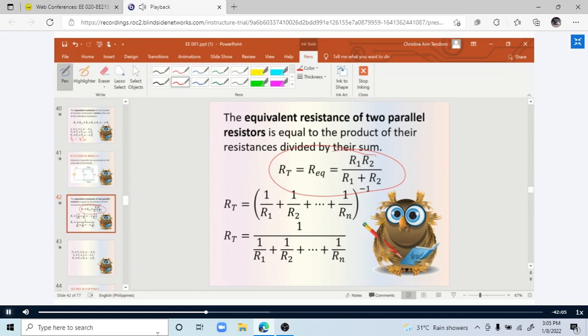Two resistors in parallel. So in order for you to get the equivalent resistance of two resistors in parallel, that is equal to the product of their resistances divided by their sum. It is the product over sum.